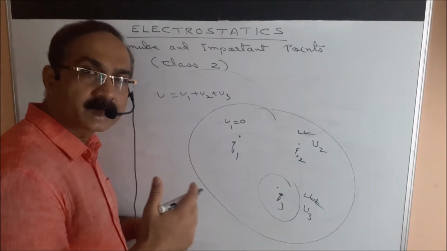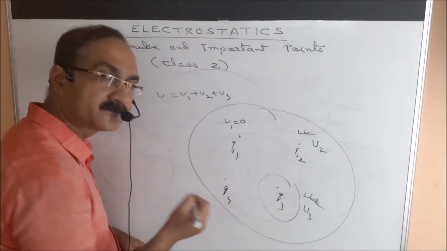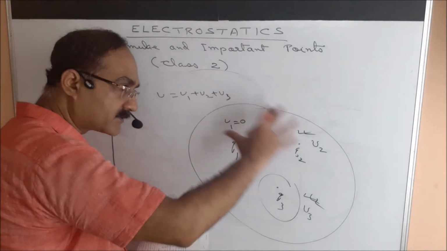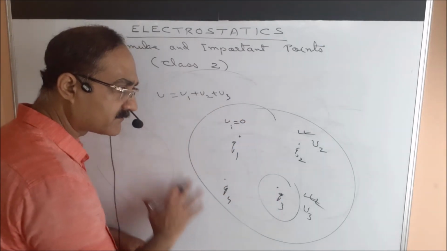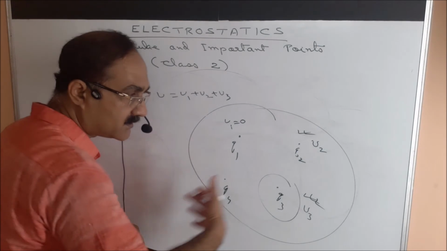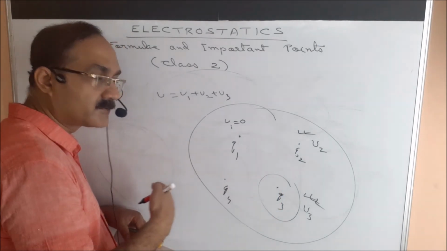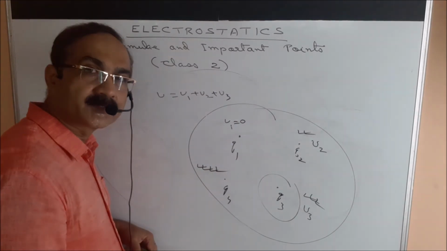Clear? If we bring a fourth charge here, say Q4, now there is an electric field here due to these three charges. There is an electric potential at every point. So against that electric field, we have to do some work, so this will have some potential energy.